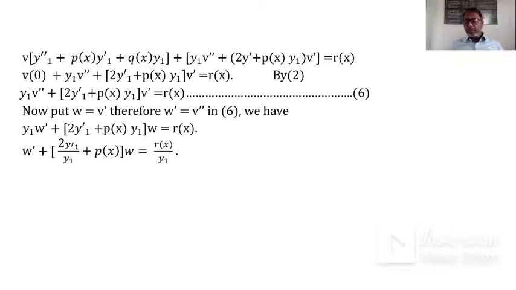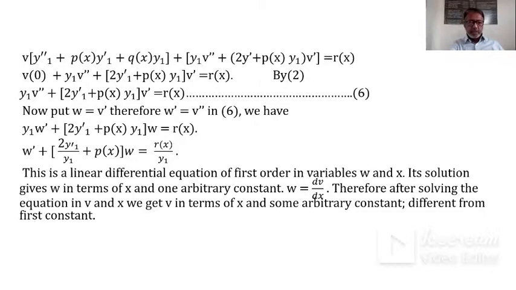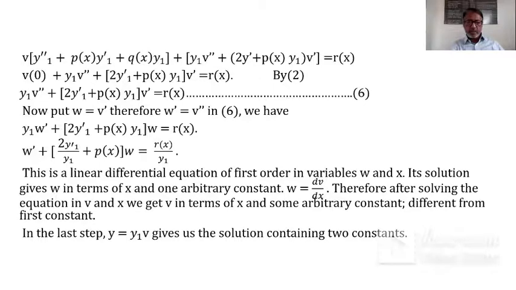Now this is a linear differential equation of first order in w and x, where w is the dependent variable. Therefore, we have to write the solution of this. We know that the solution is w e^(∫ coefficient of w dx) = ∫ e^(∫ coefficient of w dx) times the right hand side dx plus the constant of integration.